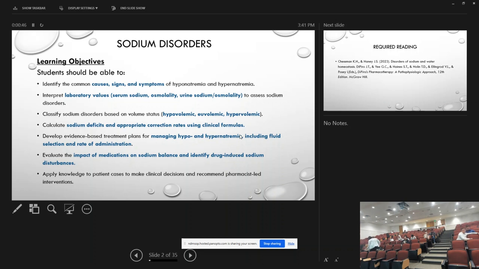So, Dr. Gonzalez, when the patient is nothing by mouth, we're going to use the maintenance IV fluids, right? Because they're unable to tolerate oral intake. Assuming your assessment does not identify hypovolemia. Okay. Yes.